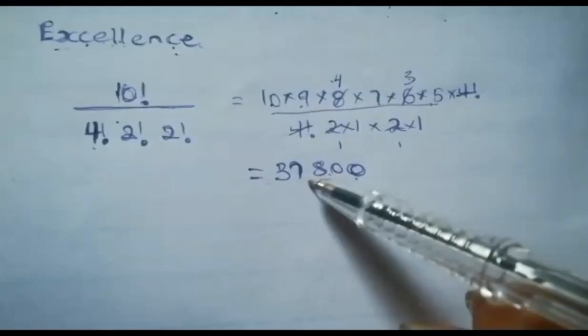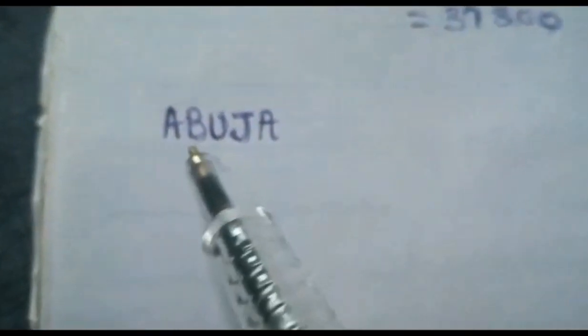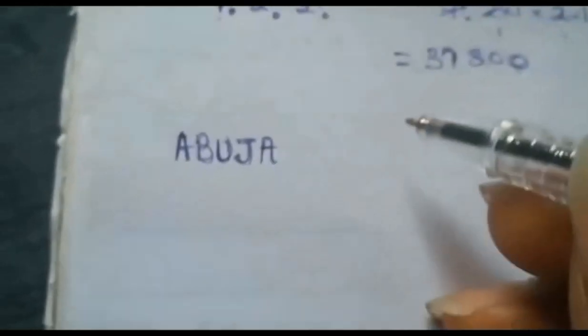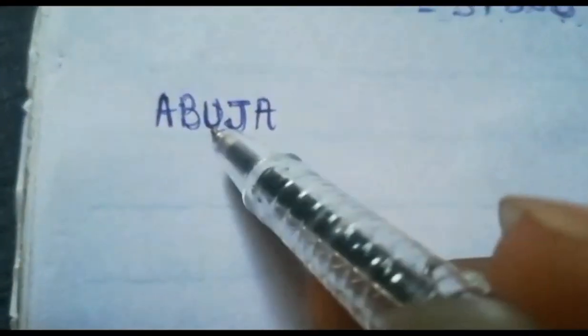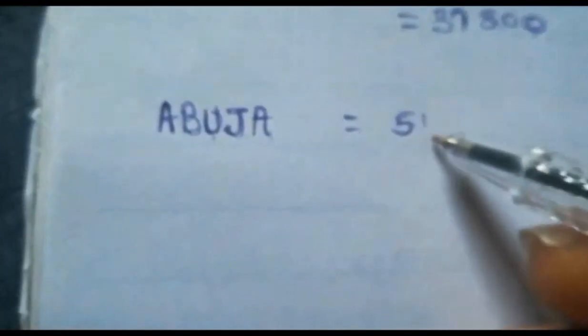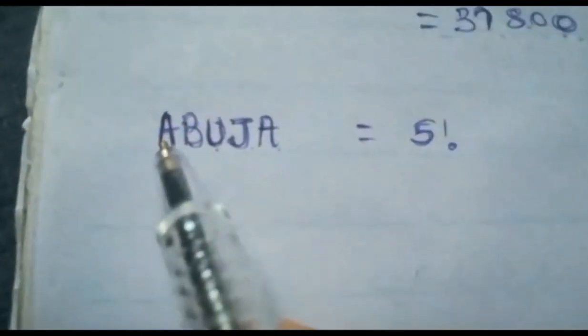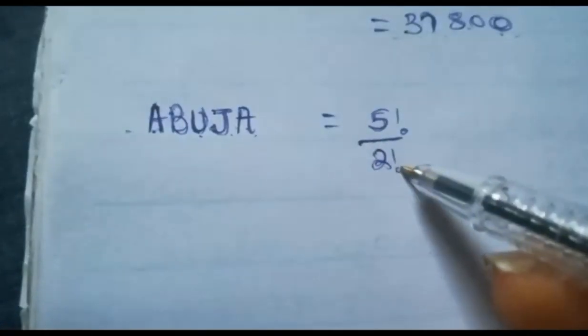If you have the word Abuja, how many ways can we arrange this? First, 1, 2, 3, 4, 5, so that is 5 factorial. Now you can see that the letter A is repeated, so we have 2 A's. You divide by 2 factorial.